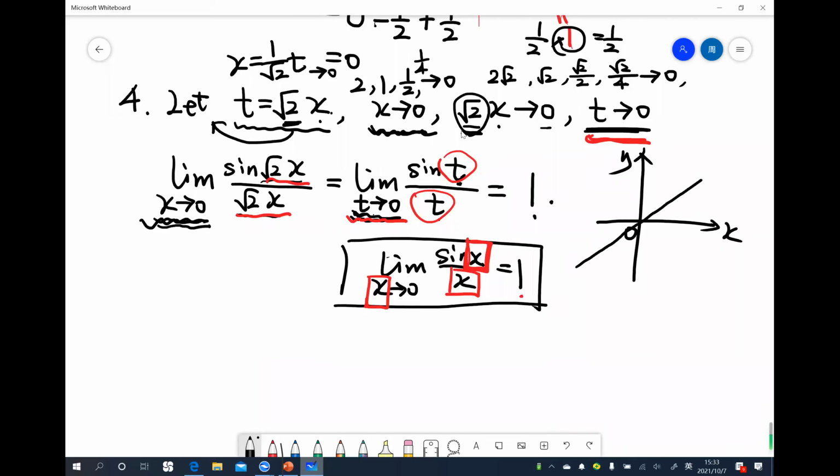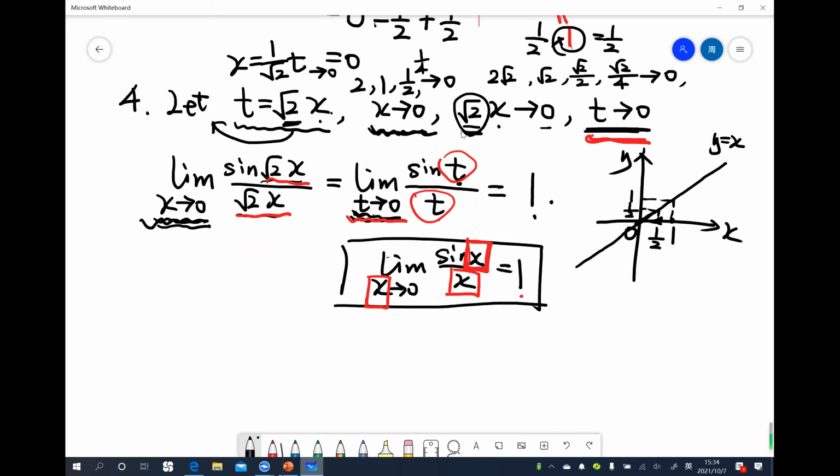You can see this is the graph of y equals x, right? And as x approaches 0, y also approaches 0, because if x equals 1, y also equals 1, and if x equals 1/2, y equals 1/2. So if x approaches 0, y also approaches 0.